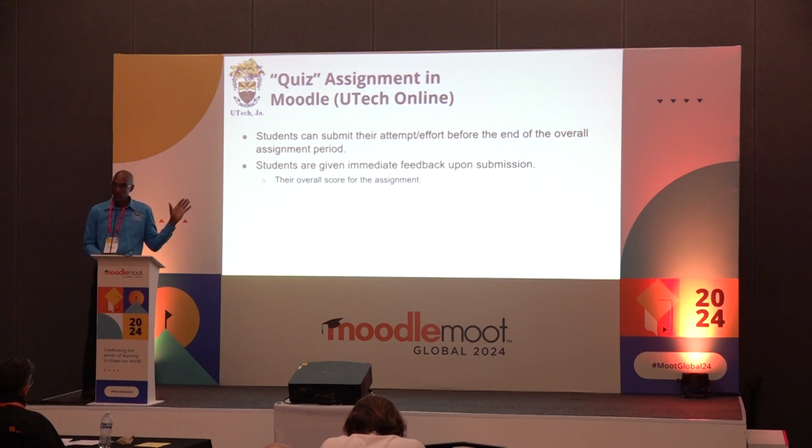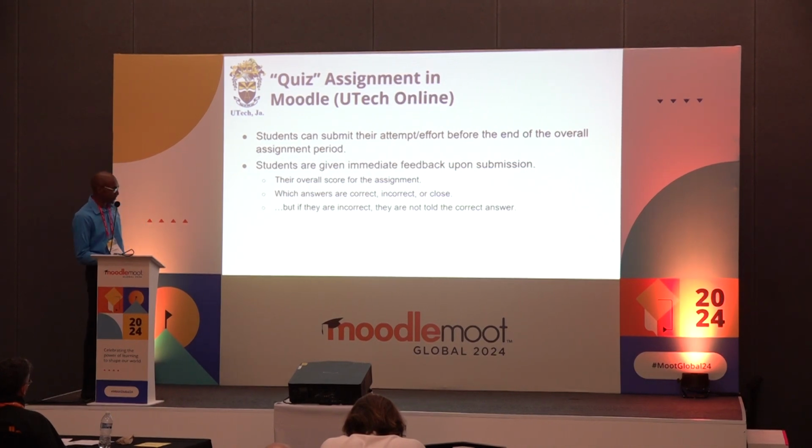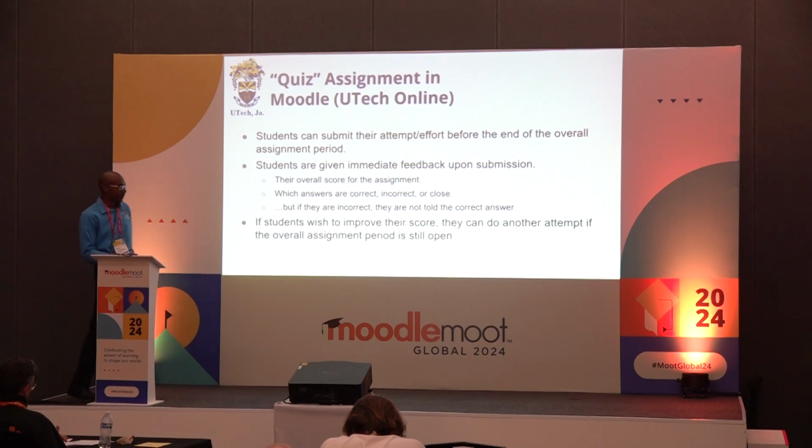They're told their overall score for the assignment. They're told what answers are correct or incorrect, or how close their answer is to the correct answer, but they're not given the correct answer if they were incorrect. And so a student can wish to redo the assignment, which if they do, they get the same question, different numbers. Encouraging them to do it again, because practice is a critical element to learning engineering.